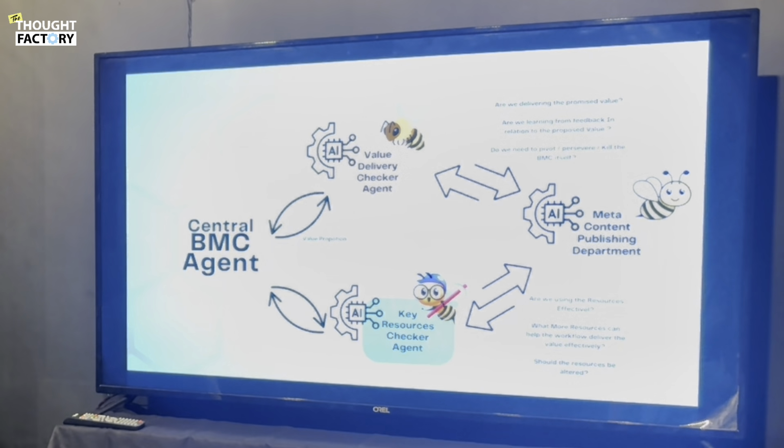So in the meta content publishing department, the content publishing is not going to be linear. Whenever content is published, there will be another feedback mechanism to understand how the published content is working in front of the customers, the audience.